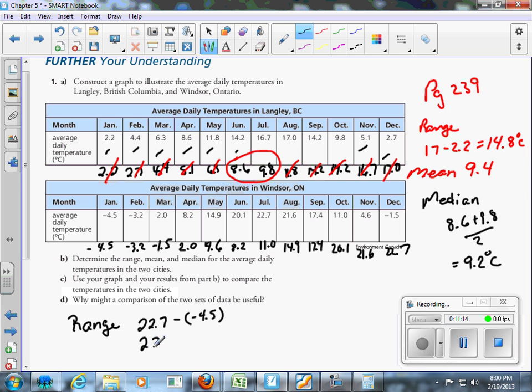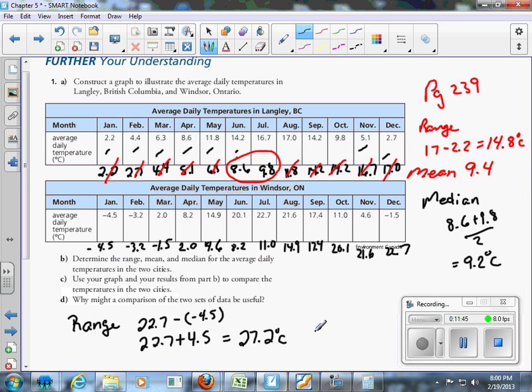And when you subtract a negative, remember to change it to a positive. And it should be 27.2 degrees Celsius. So that's the difference from the lowest temperature in a month to the highest temperature in a month. There's a 27 degree 0.2 range.